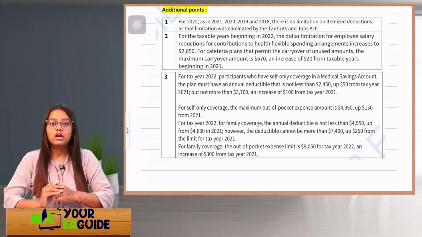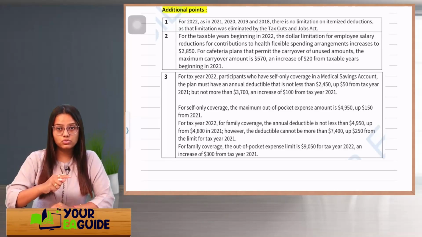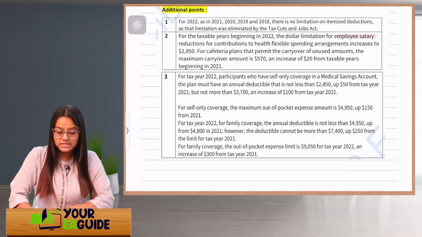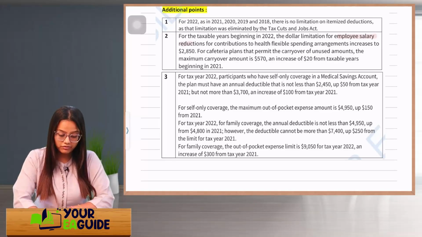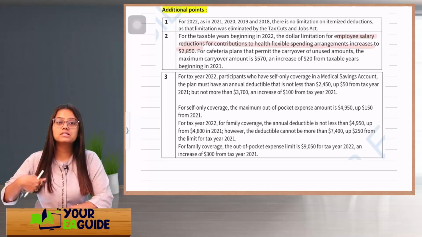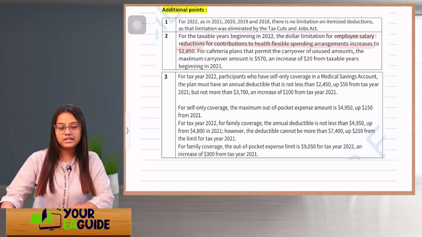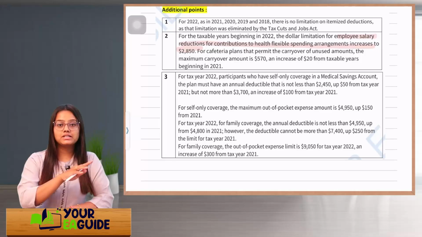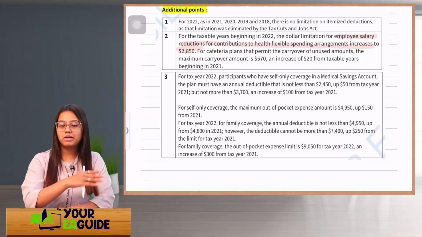Based on TCJA, for taxable year beginning 2022, the dollar limitation for employee salary reduction for contribution to health flexible spending arrangement increases to $2,850. So these are just the amendments. I can say some additional points which were added in the previous year only, in 2022. I hope those who have already seen the previous year's book might be aware of it.